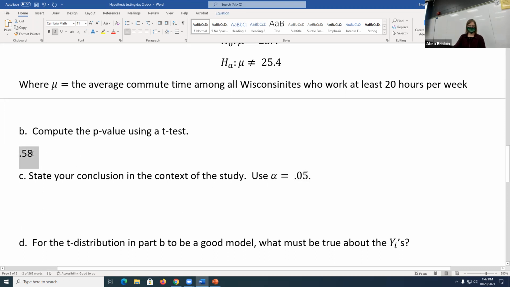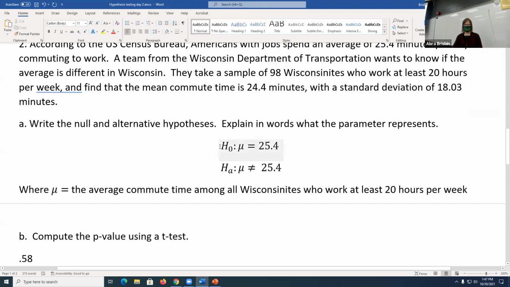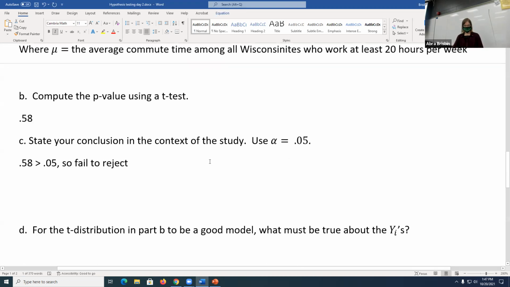So we're going to fail to reject the null hypothesis. Or in other words, we'll retain the null hypothesis.